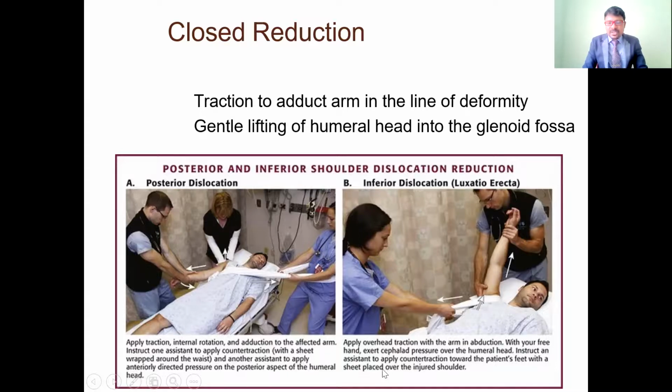Instruct the assistant to apply the counter traction towards the patient's feet. If we do this, we can relocate the joint. Here we can see the direction of the force towards the patient's feet. The application of the traction is towards the opposite shoulder. So this is the difference between posterior dislocation and inferior dislocation.